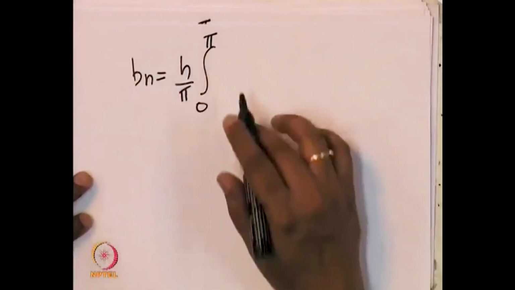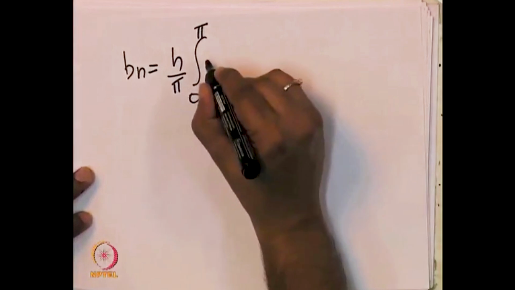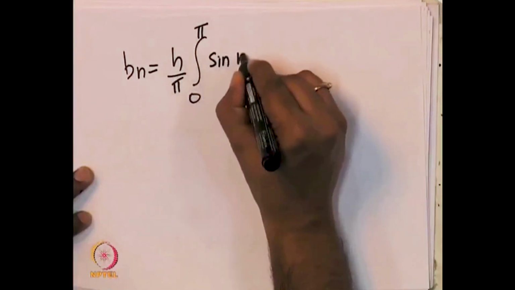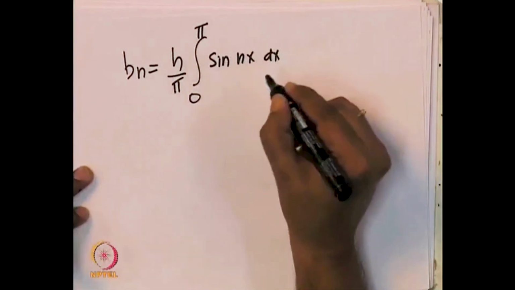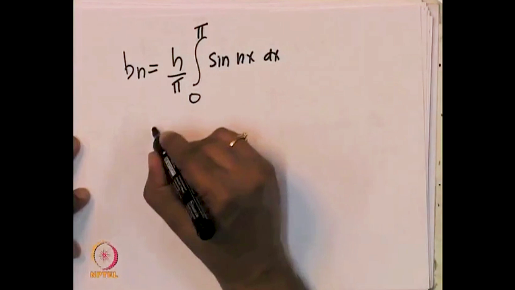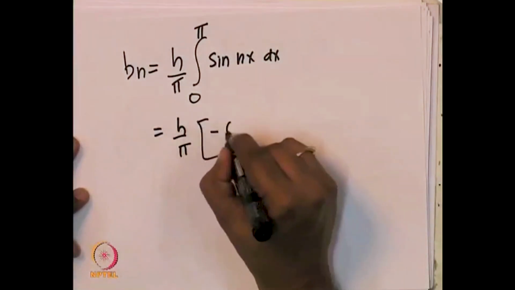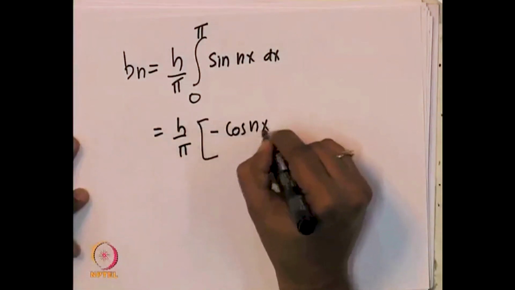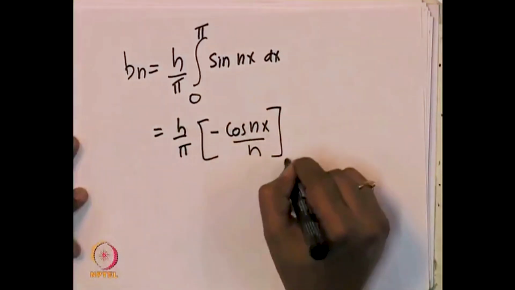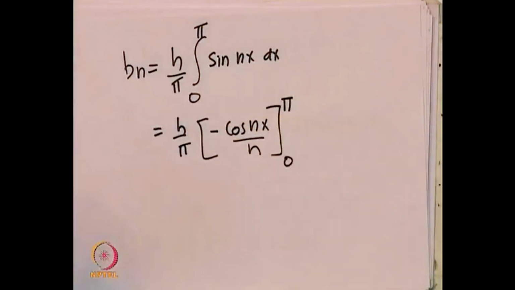Then there is integral 0 to pi sin n x dx. What is the integral of sin n x dx? It is minus cos n x by n, with limits 0 to pi.